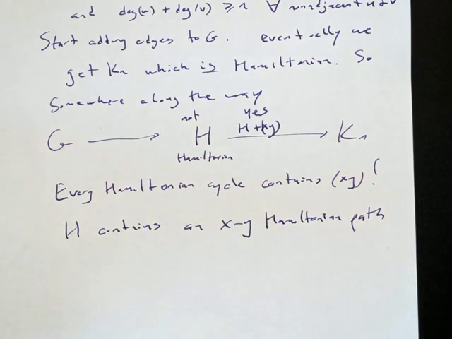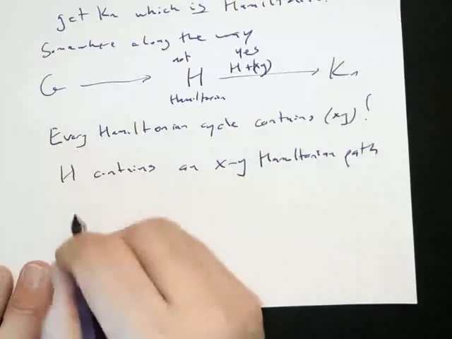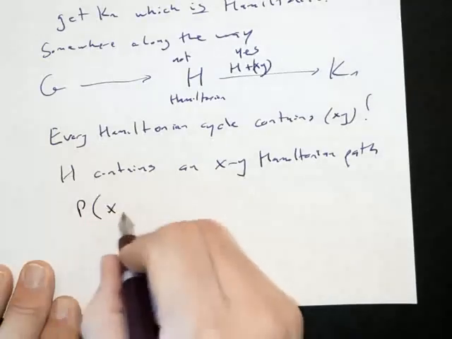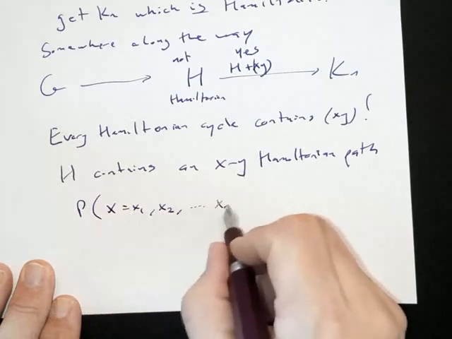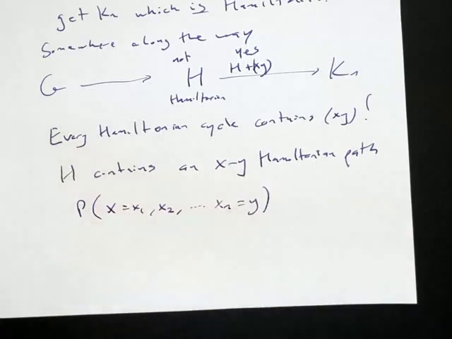I don't know what this path looks like. But I know it goes through all the vertices.